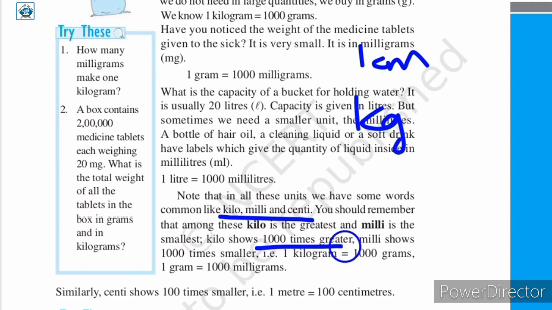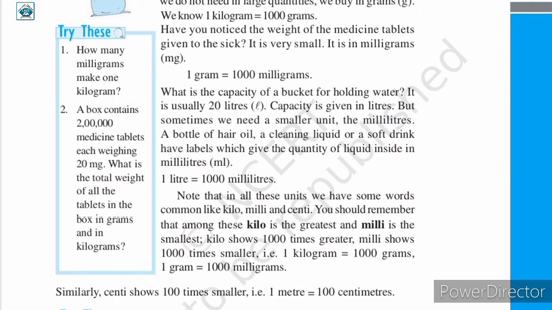Kilo shows 1000 times greater and milli shows 1000 times smaller. That is 1 kilogram is equal to 1000 grams and 1 gram is equal to 1000 milligrams. In the similar manner, centi shows 100 times smaller. That is 1 meter is equal to 100 centimeters.